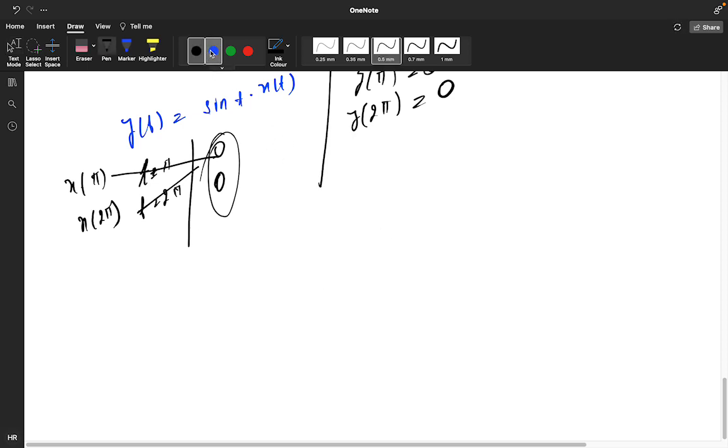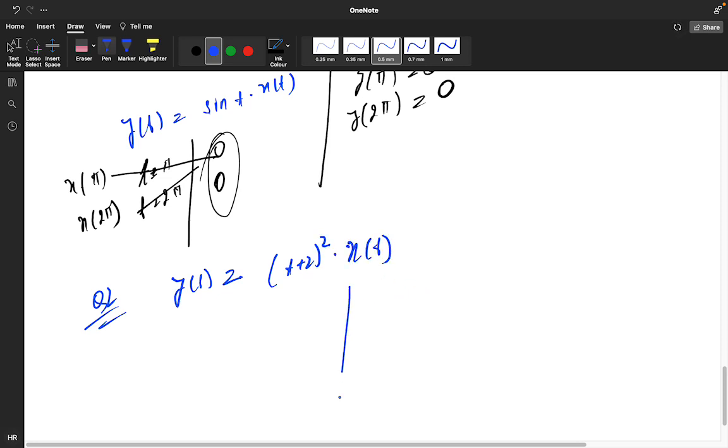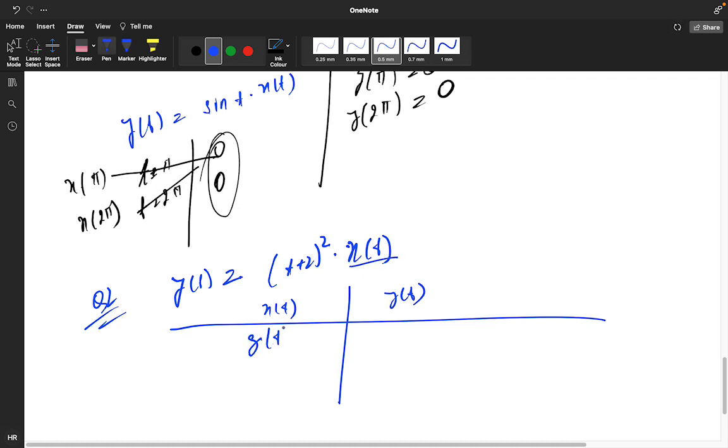Suppose now one question is there. Question 2. y of t is equal to (t plus 2) the whole square into x of t. Invertible or non-invertible? This is my x of t. This is my y of t. So I am taking x of t as delta t.